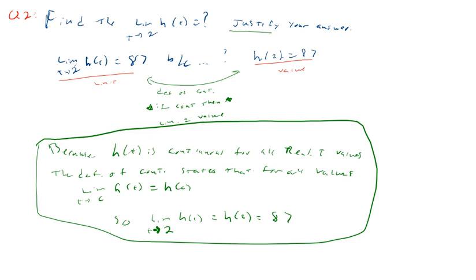So yes, the limit as t approaches 2 of h of t equals h of 2. Because remember, the c value that you are looking for equals plugging in that c value over here. All right?